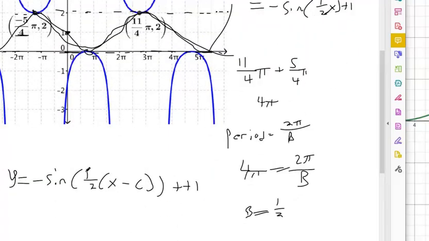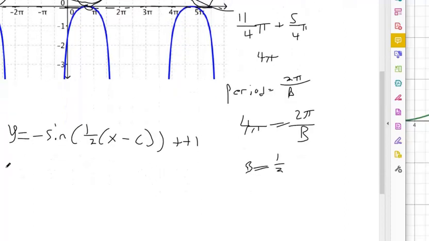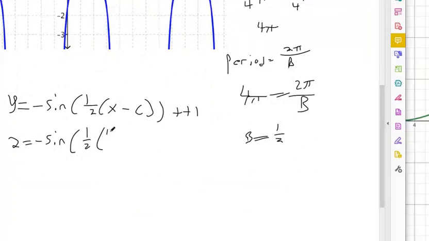To find out what that shift is, that C, all you have to do is plug in either of those 2 points that you're given. I'm going to plug in 11 pi over 4 for x, 2 in for y, and solve that equation. We got 1/2 times 11 pi over 4 minus C, plus 1.